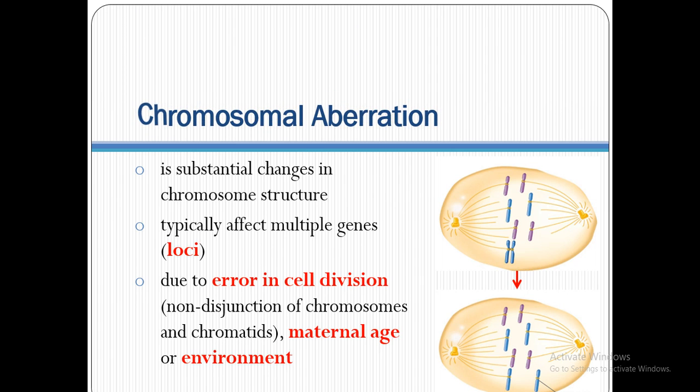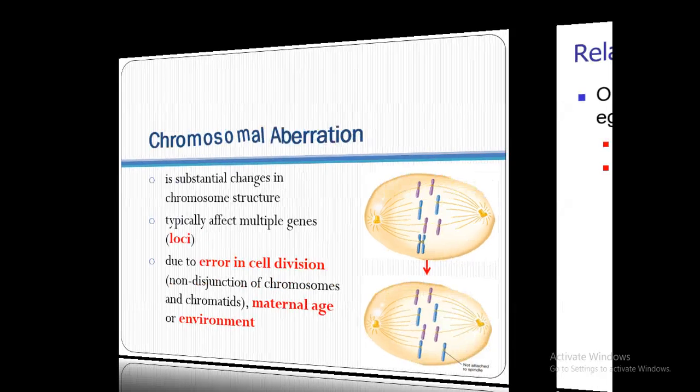Being an elderly woman and being pregnant actually puts the child at risk, because they are more highly susceptible to non-disjunction during the meiotic process.